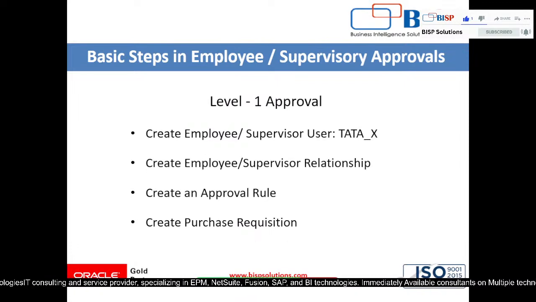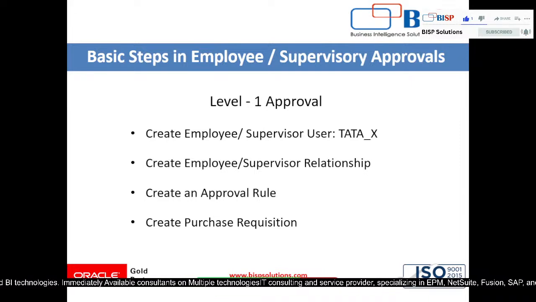This is our basic steps in the employee supervisory approval. In our previous topic, that is a group approval, in which group approval who can approve the request, we have already defined our approval groups. And suppose we have the supervisory levels.